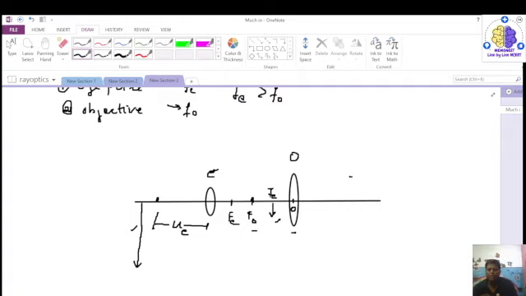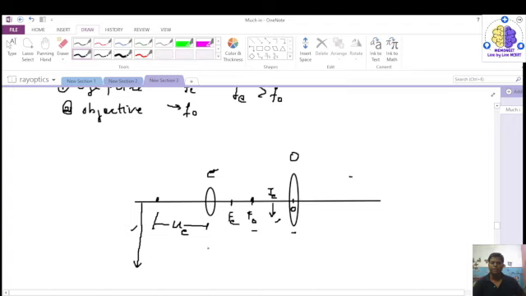So when the image formed by the eyepiece falls between focus and optical center of the objective, the objective forms a virtual, erect, and enlarged image of the image which was formed by the eyepiece. That is, we get a virtual and enlarged image of the object, right?